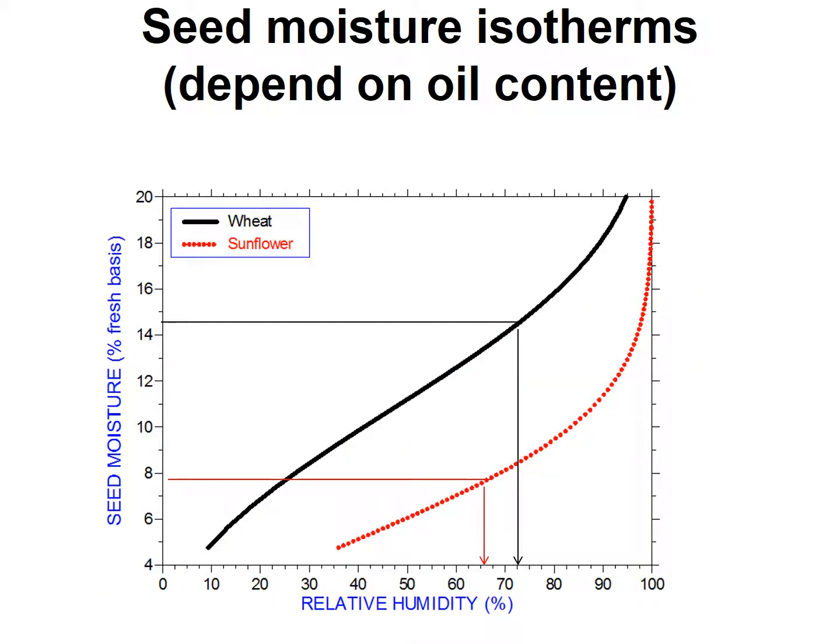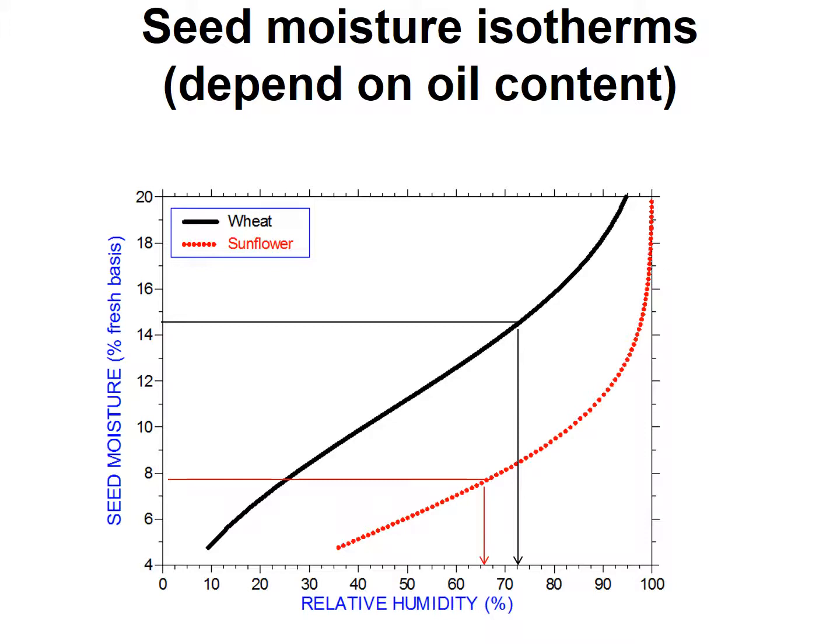Here we see the relationship between seed moisture on a fresh basis and relative humidity in the air outside. These curves are called seed moisture isotherms. Here we have the black line for wheat and the red line for sunflower. That illustrates that the seed moisture isotherms change basically due to the oil content.